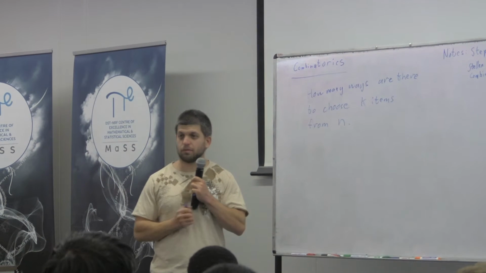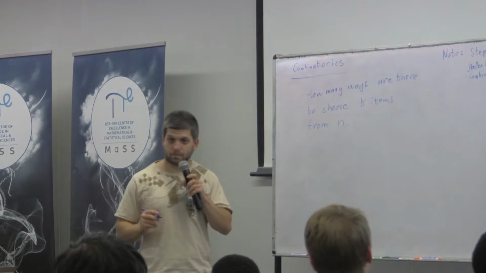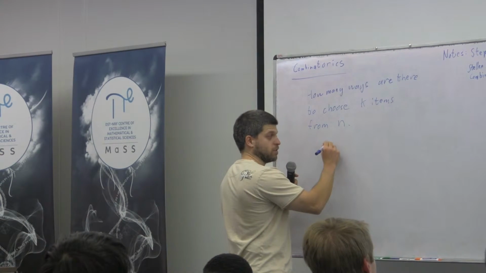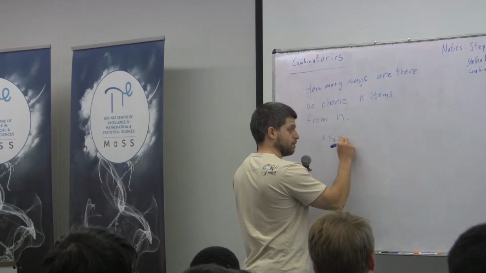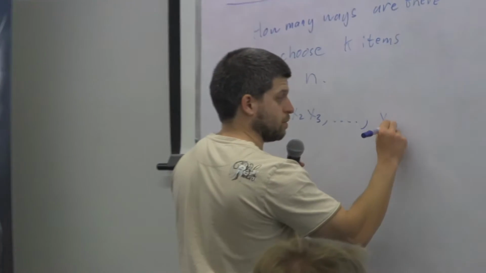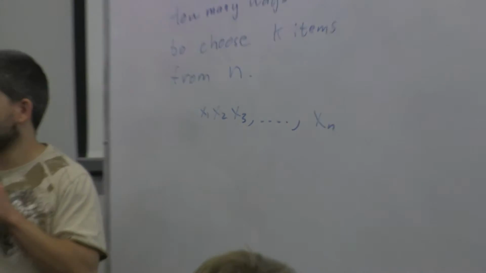So first what we're going to do is we'll line up all n people. First one, up to the nth one. Okay? Now how many ways are there to do that?